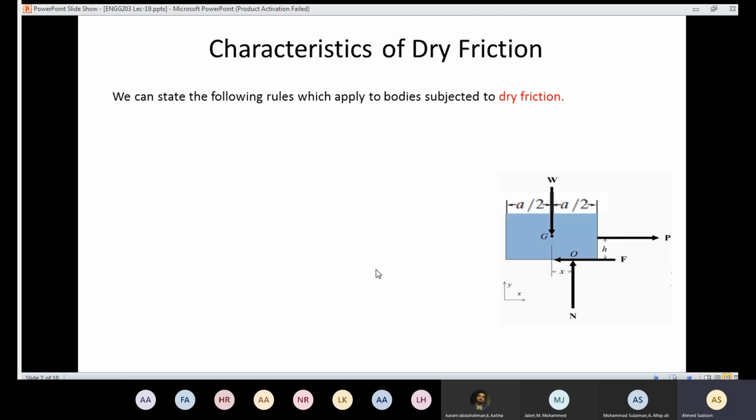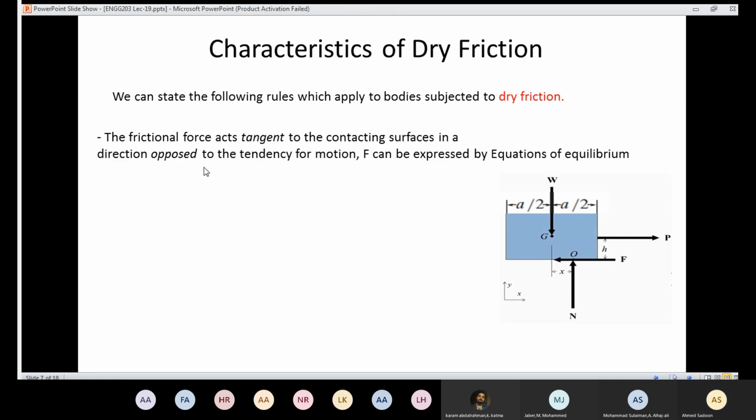So to summarize all of this, the characteristic of dry friction: the frictional force acts tangent to the contacting surfaces. So here are the contacting surfaces. The force is going to be tangent to that surface, and it should be opposite to the applied force.